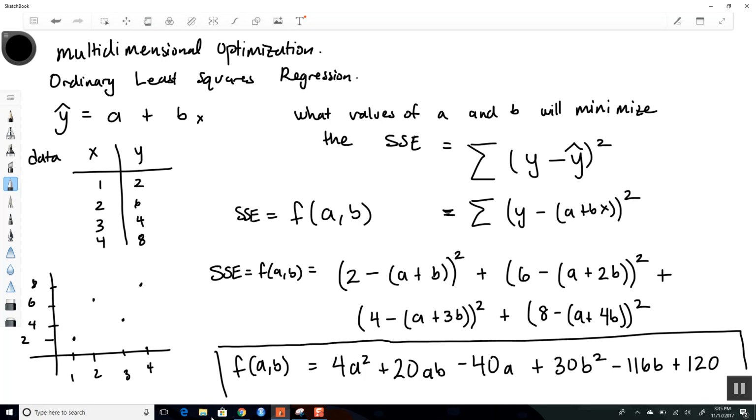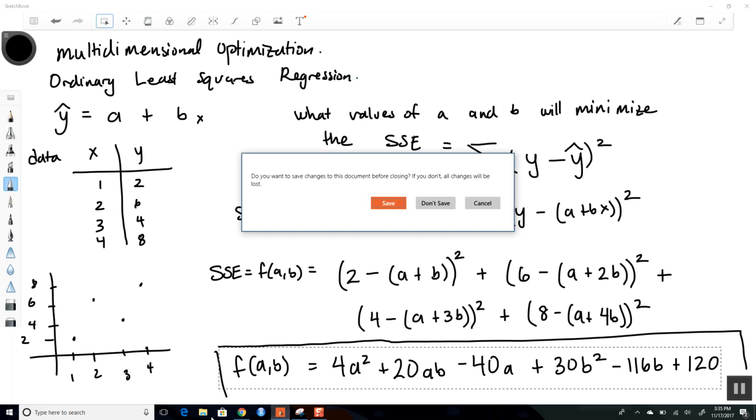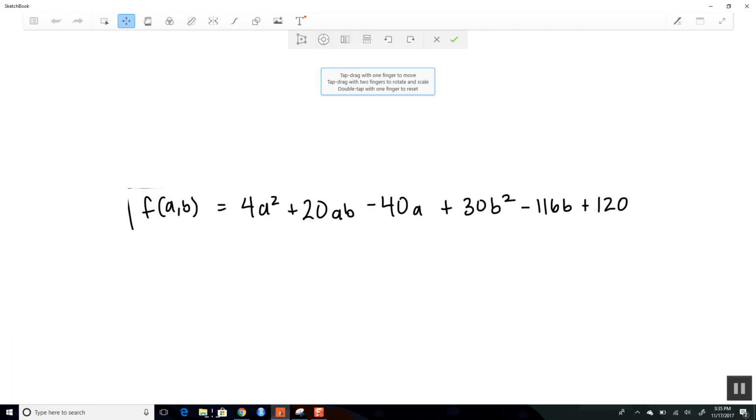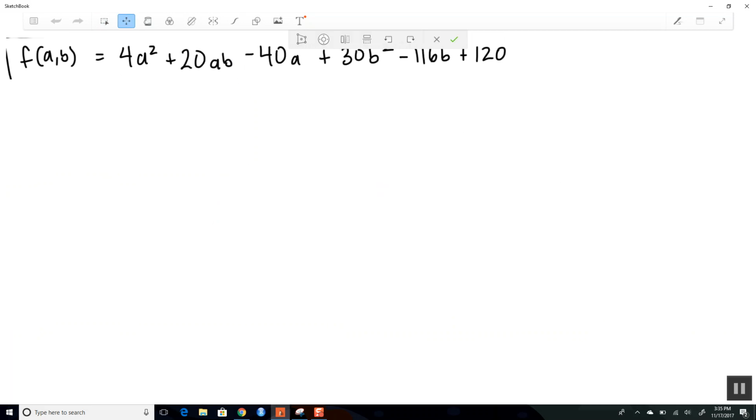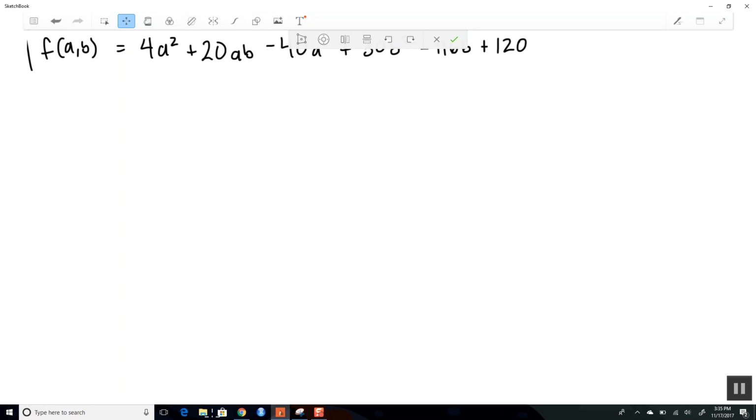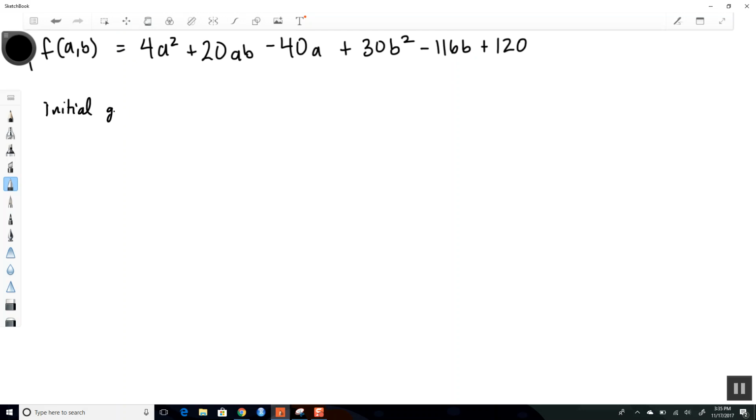Okay, so we've got this, and so now let's minimize this. Let me see if I can copy this. I don't have to rewrite this. Okay, so maybe we'll just start with some initial guesses.